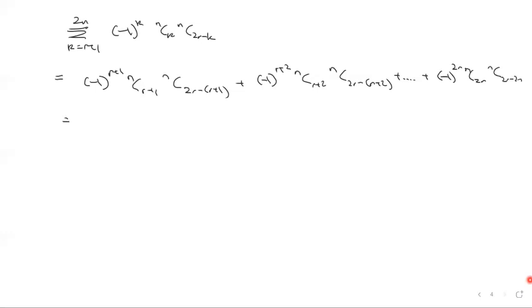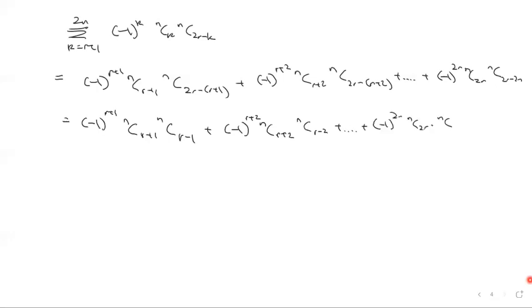So hopefully a pattern can be seen to be forming here. We've got nC(r+1), we've got n C (2r minus (r+1)), so that's r minus 1. Plus (-1)^(r+2) nC(r+2), and that's going to be nC(r minus 2). Plus (-1)^(2r) nC(2r) times nC0.